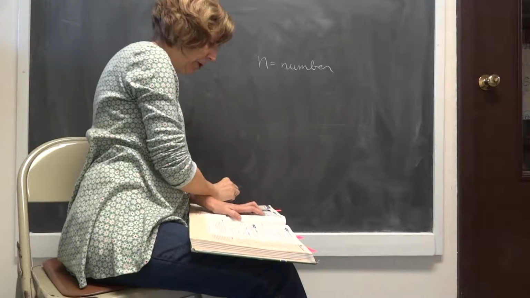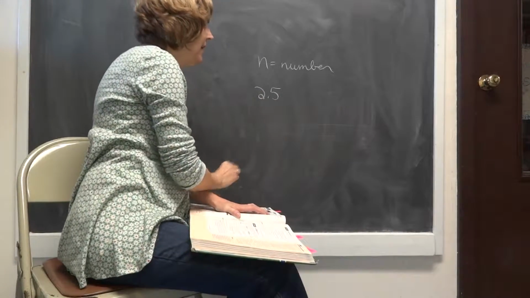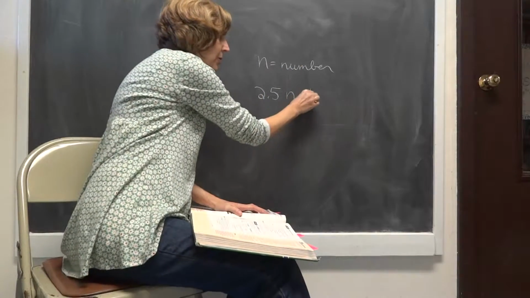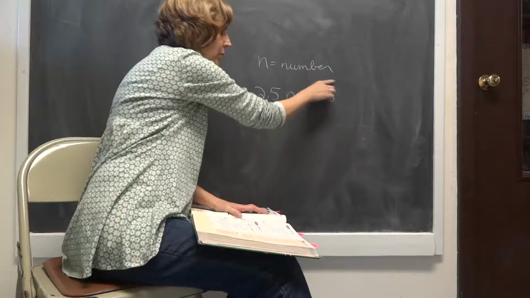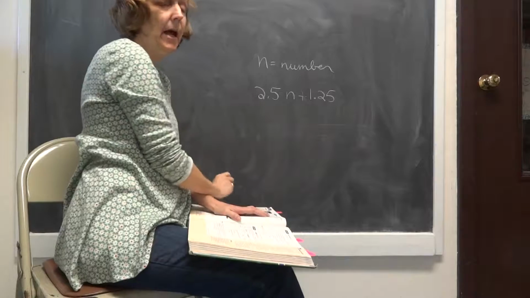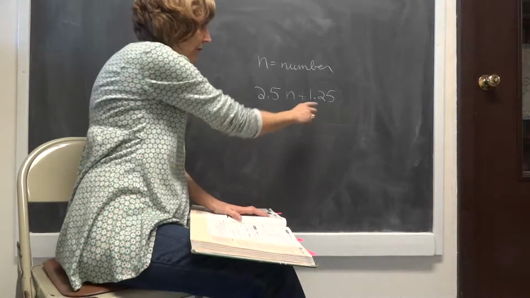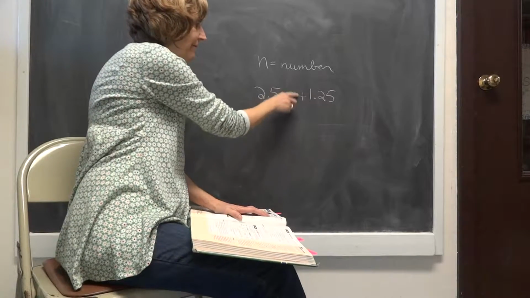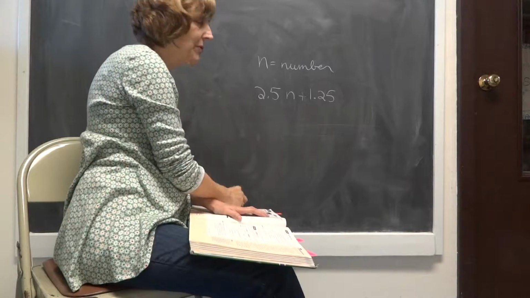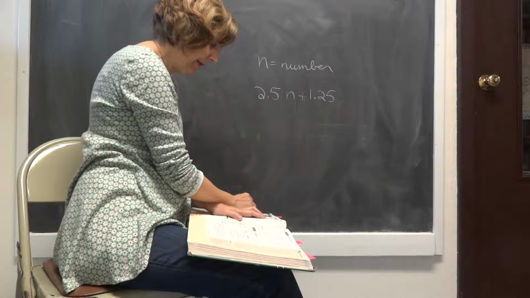Each game costs $2.50 times however many games we play, plus the $1.25 shoe rental. And we only pay that once because you only rent 1 pair of shoes for the whole day, no matter how many games you play. Now we have our expression. We've made the variable, defined it as the number of games, and written out the expression using numbers and letters in place of words.